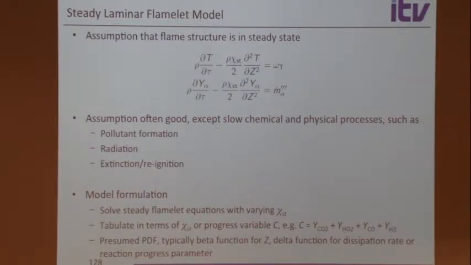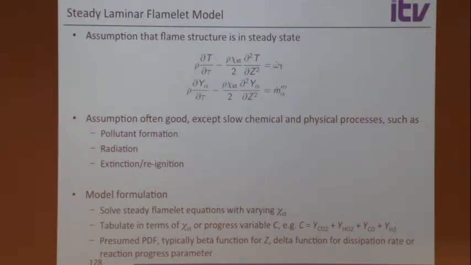Boundary conditions for species would be your pure fuel, let's say, on one side and pure air on the other side. So that doesn't change really. The pressure often doesn't change, and the temperatures of the oxidizer and fuel don't change. And so the only real parameter that changes here is this dissipation rate.